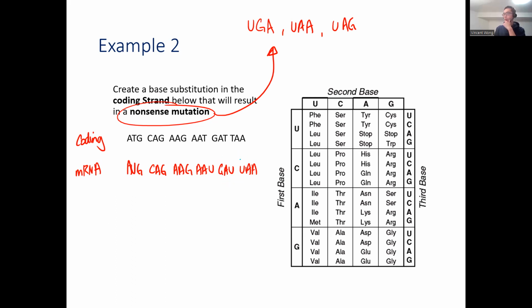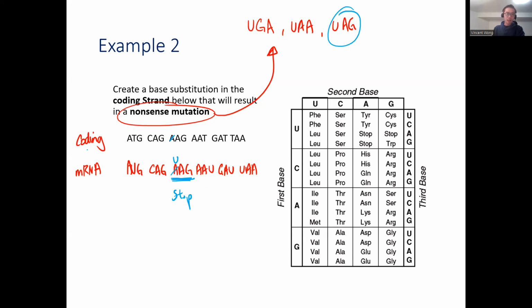Roy, you said the third codon. What do we change? How do we change the third codon? Change the first A to U. That's right. If you change this to U, then you have a UAG. That's a stop, isn't it? So you will not make the rest of it.